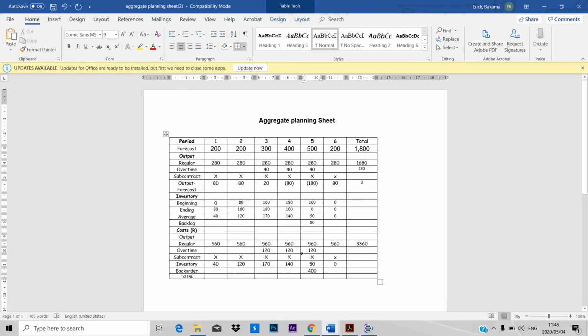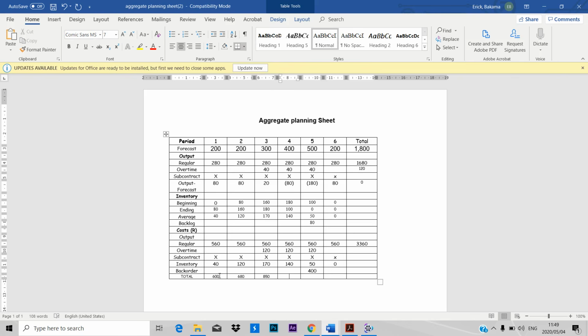So now what we are going to do is take the total of every period and then we will see how much we get. So we get 560 plus 40, which will give us 600. Then we take 560 plus 120, which gives us 680. Then we have 560 plus 120 plus 170, which gives us 850.